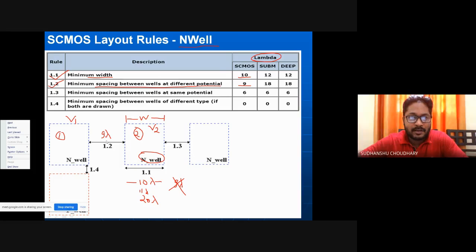It can be more than 9, that is 10, 11, 12, 20, 50, all allowed, but not less than 9 lambda. 8 lambda, 7 lambda are not allowed.